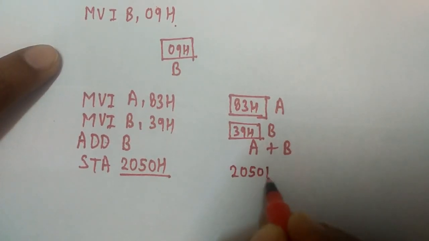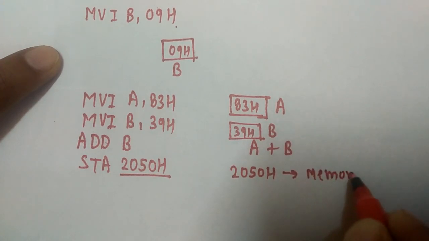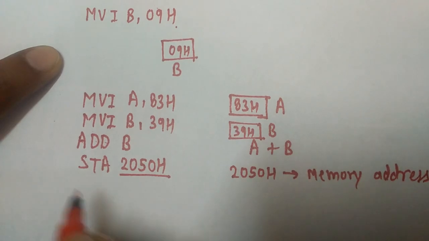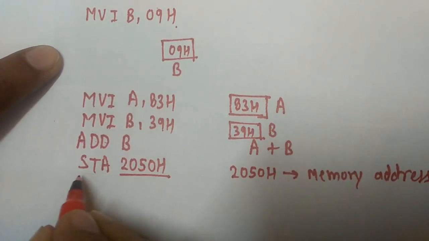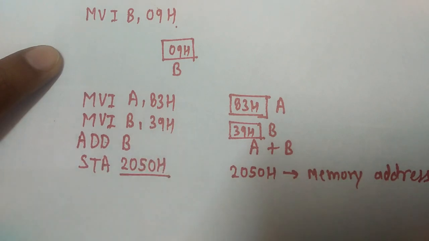2050H here is a memory address. That means we are going to put the value of the accumulator, and at this stage the accumulator will contain the summation of 83H and 39H.